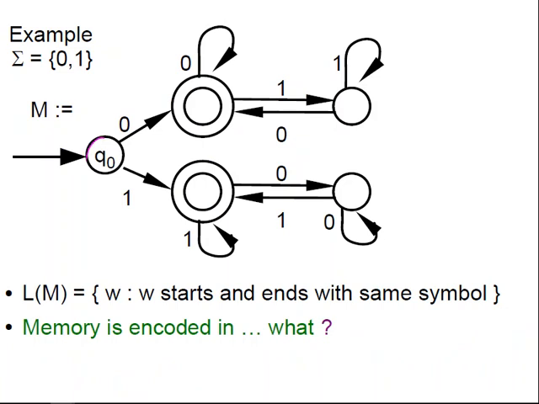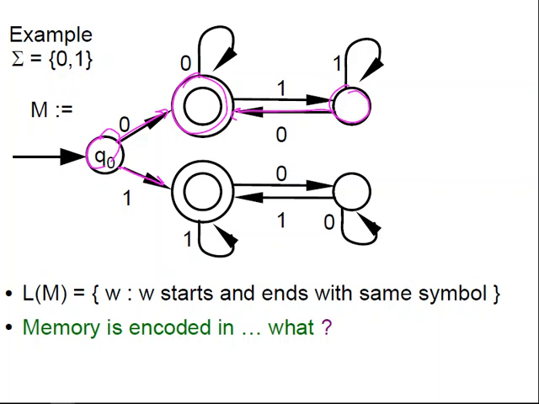Because if I start at Q0 and read a 0, I go here, then the only way that I'm going to accept is whether I end up, after reading some bunch of zeros and ones, here, and I only get here if I read zeros. Okay, and I stay here. If I end my input with a 1, I will be in this state here, and that's not an accept. Similarly, if you read a 1, you go here, and you're only going to accept if you end the input with a 1.